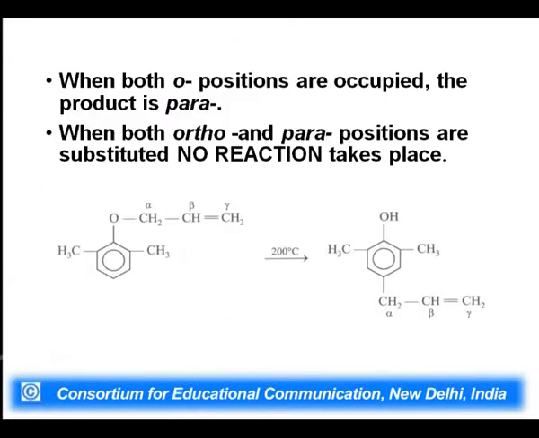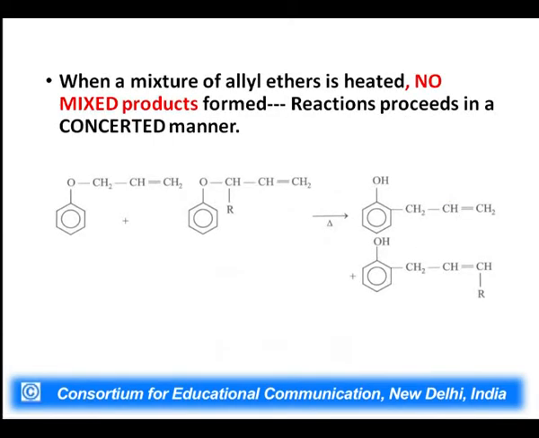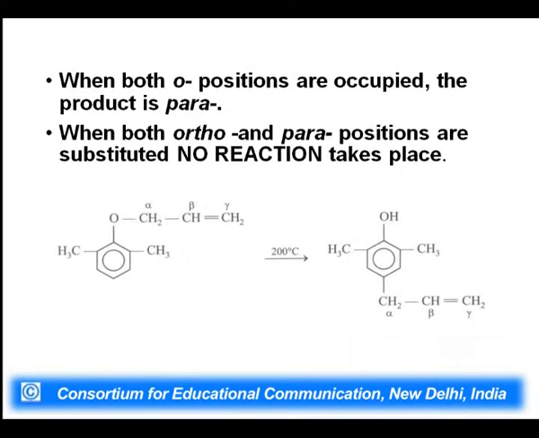Now if we look here, first thing we will get only the ortho product. Second, in case the two ortho positions are blocked, then we will get the para product. And please remember, when we talk of the ortho rearrangement, then the allylic rearrangement takes place.